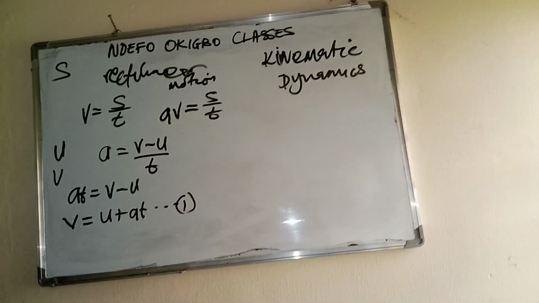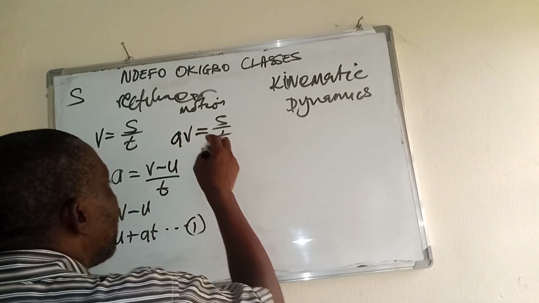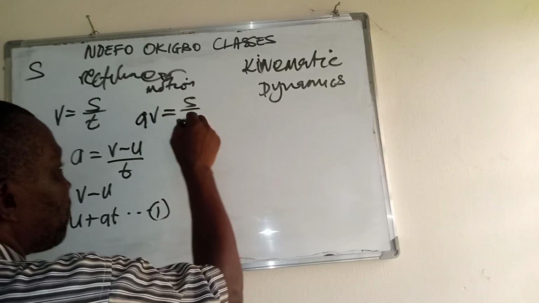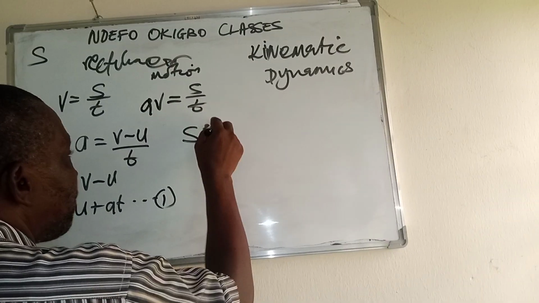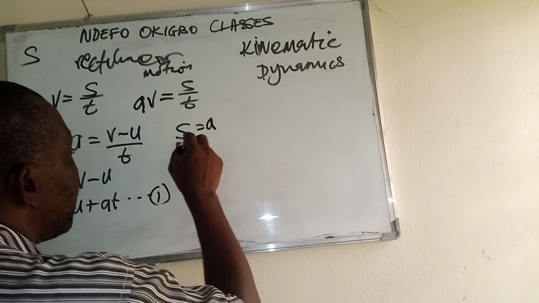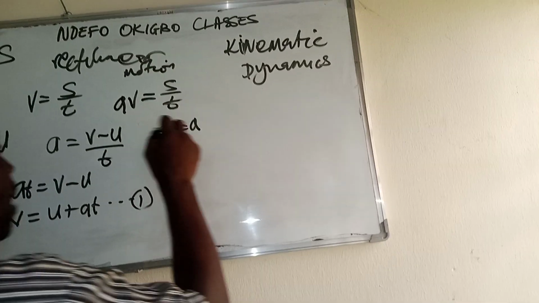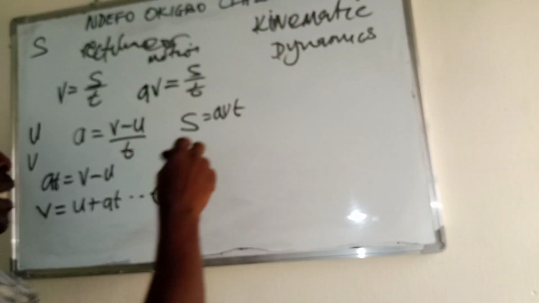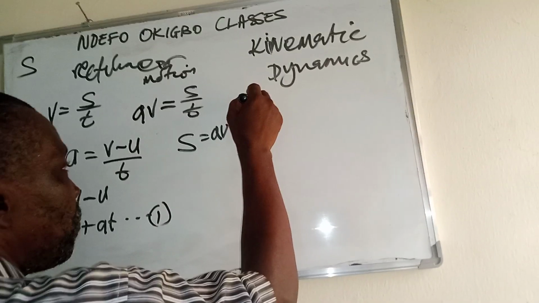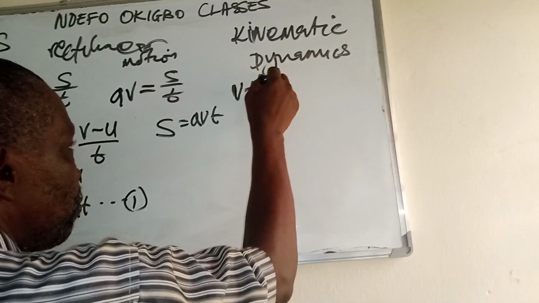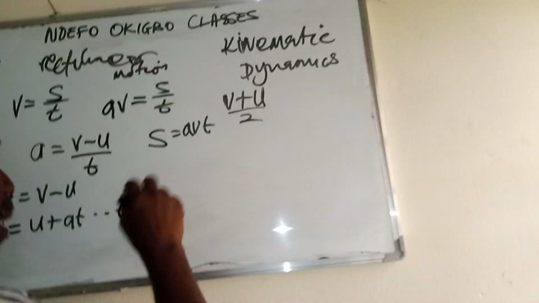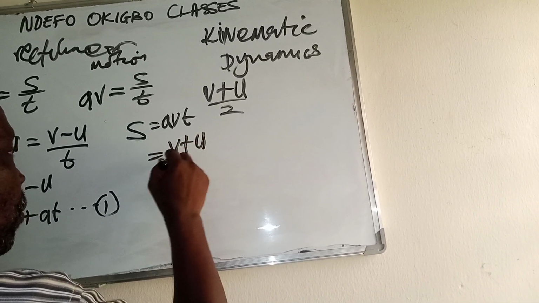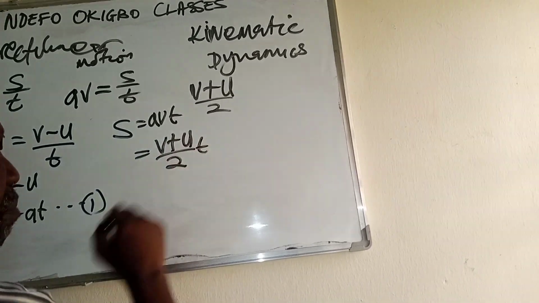But if we have that, displacement is equal to average velocity times time, where the average velocity is equal to v plus u over 2. So s is equal to v plus u over 2 times time.